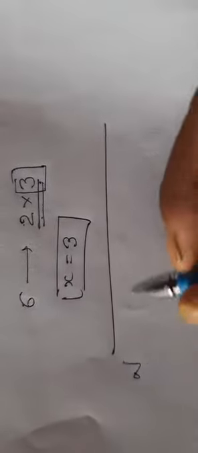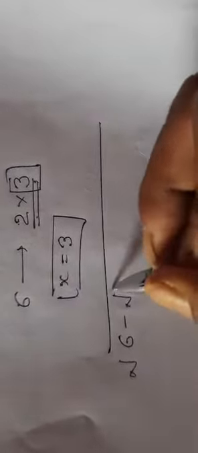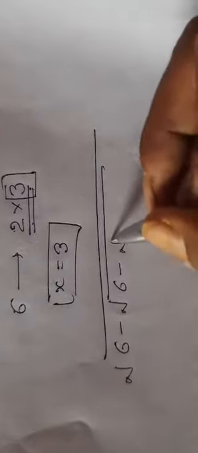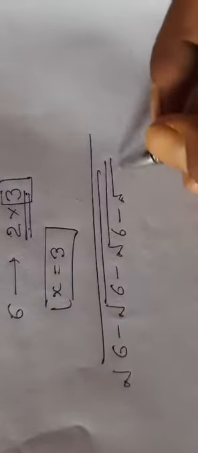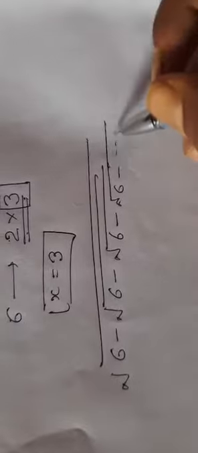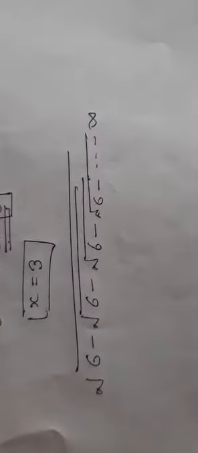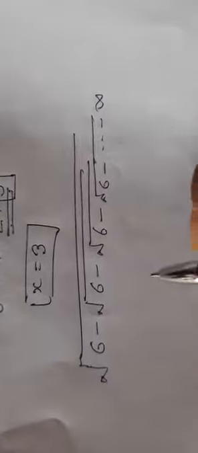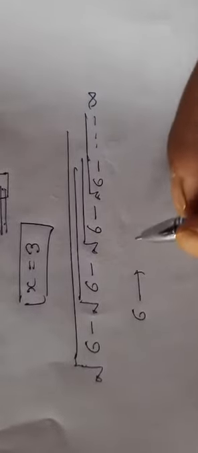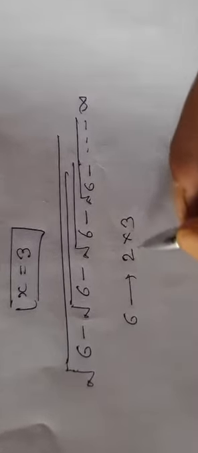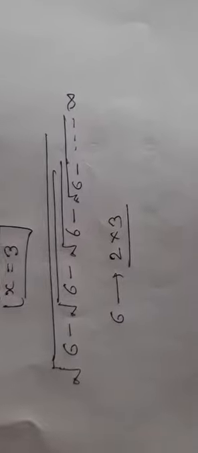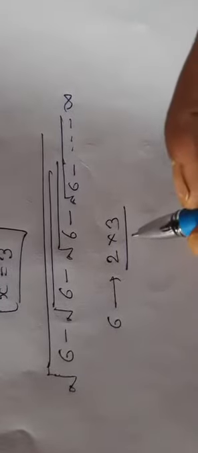But whenever a question like 6 minus square root of 6 minus square root of 6 minus square root of 6 and infinite number of times is given to us, then again we find the product of the number inside the square root.